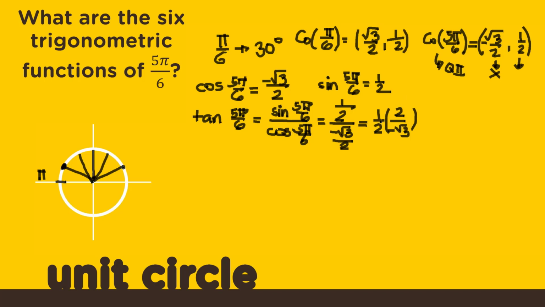After this, we can cancel 2 and 2. And since we have 1 on our numerator, I'll be placing the negative sign on our numerator because it's easier for us to have that. You can move this negative sign to the denominator, the numerator, or even in the middle. I'm just placing it in our numerator, and our denominator is square root of 3 here. So this is now the tangent of 5 pi over 6.